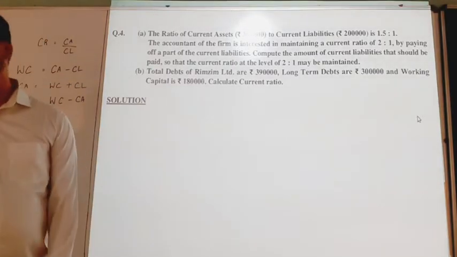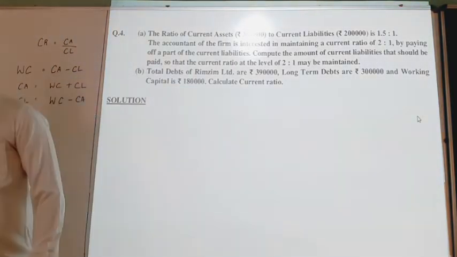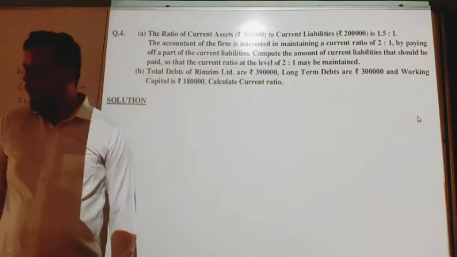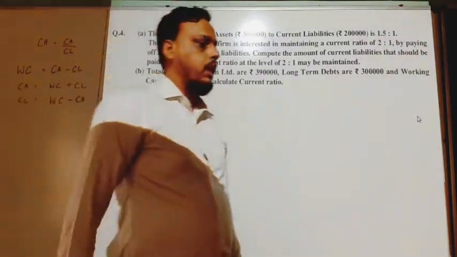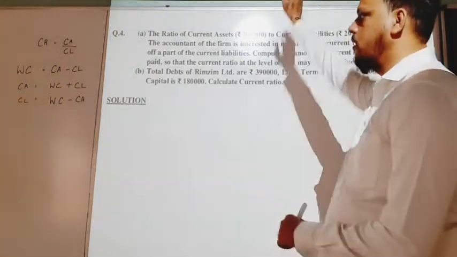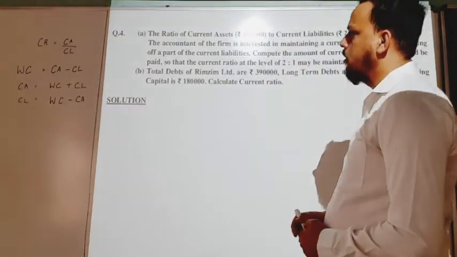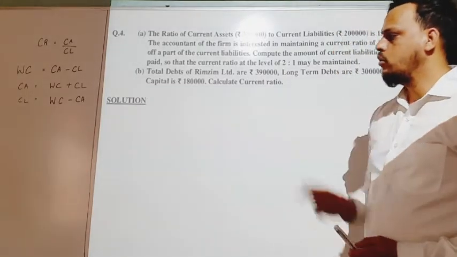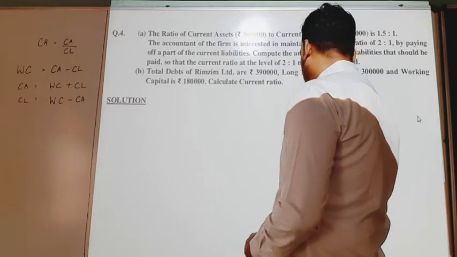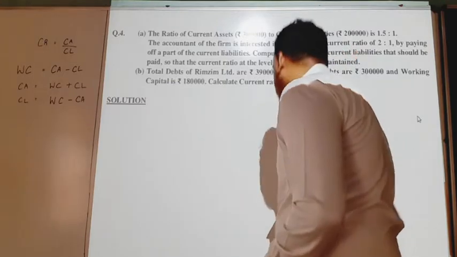Okay. This question was asked in 2014. Let's begin with the question and then we will solve it as per the requirements. Here there are 2 parts, A and B. So I'll divide this into 2 parts.